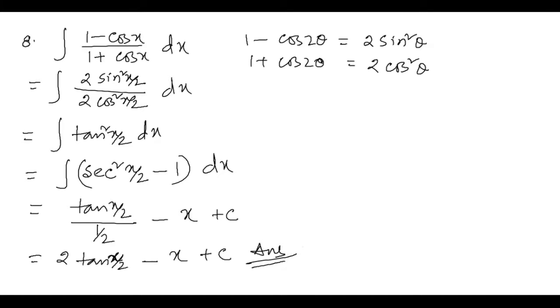Next, question number 9. Integration of cos x by 1 plus cos x dx. So how do we integrate this one? There is also one trick. We can write cos 2 theta equals, you know, all of you, cos square minus sin square.